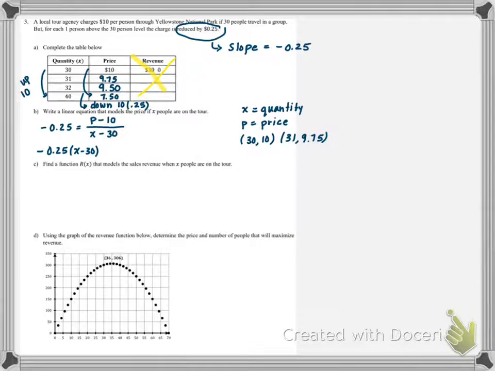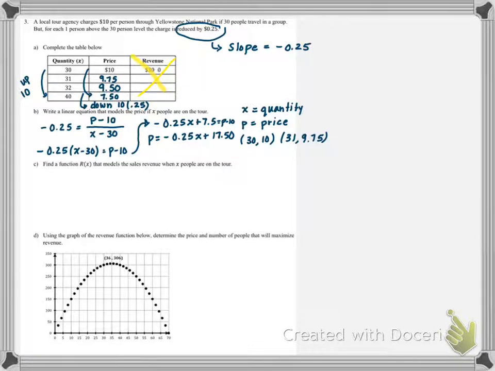Things that we did before aren't going to go away, I promise. So equals p minus 10. So we'll distribute, that's 7.5. I'm sorry, I ran out of room. Equals p minus 10. So we get p equals negative 0.25x plus 17.50. So far, so good?